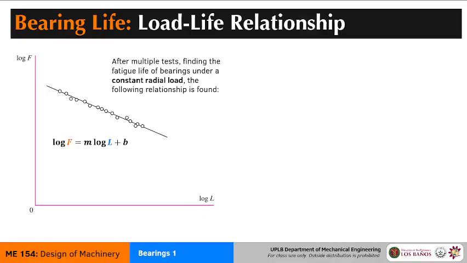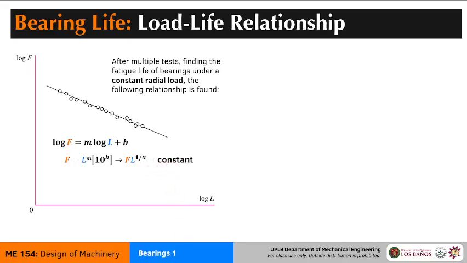If you take the inverse logarithm, you will get this kind of relationship between the force and the life. What you end up with is a constant term, which is the radial load F times the life L raised to 1 over a. What is that 1 over a?